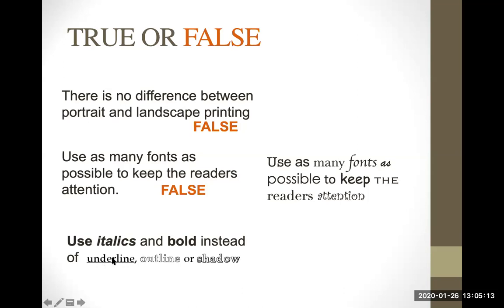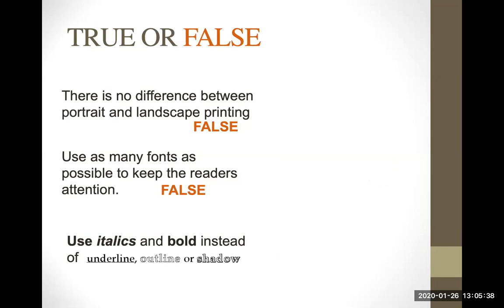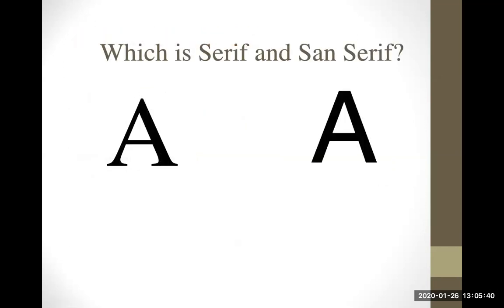Obviously, because this may become an online document, we would not use underline because that does tend to still be used to indicate web links. Outline and shadow are simply too difficult to read in printed font and specifically online. So italics and bold are our best option, but we again will use those very sparingly.